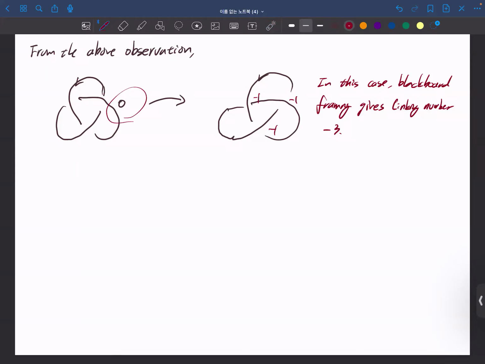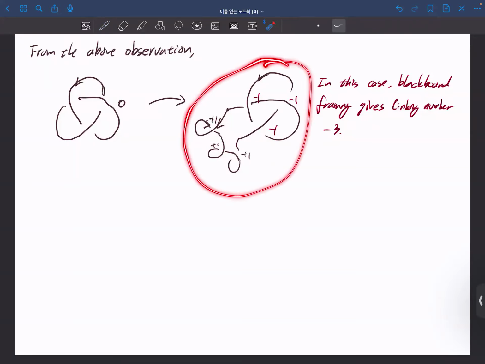So to obtain 0, we add 3 more crossings with crossing sign plus, plus, plus. Then if you draw blackboard framing here, you can obtain a knot with framing 0.